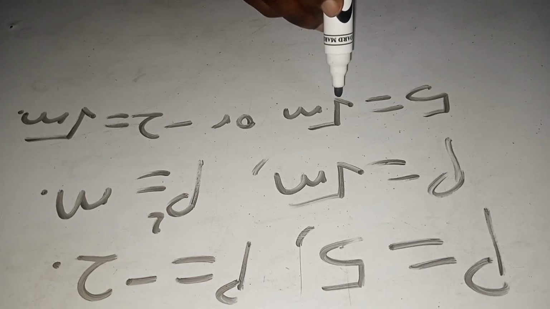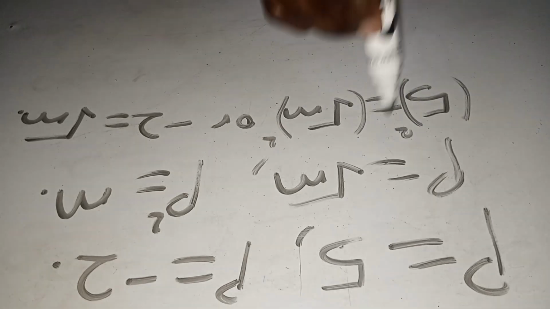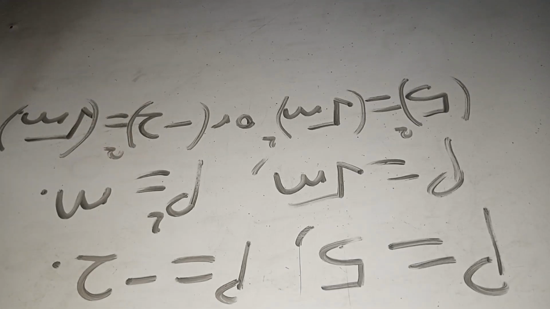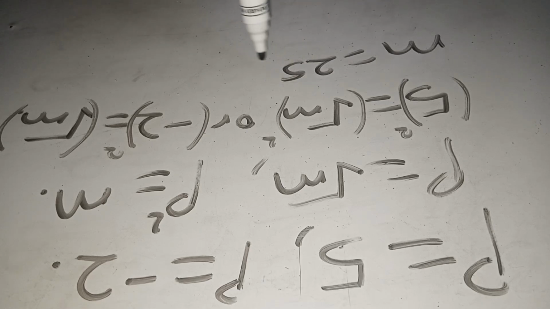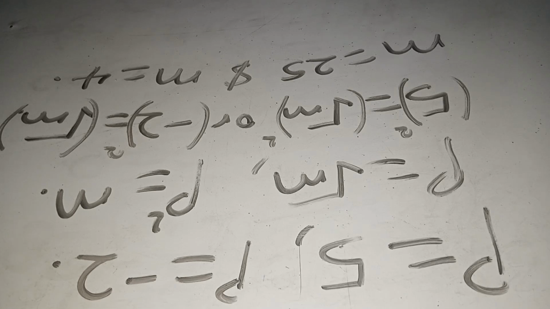If we should look for m, we can square both sides. The same thing here, we square both sides, so our m is equal to 25 and m is equal to 4. So these are the values for m.